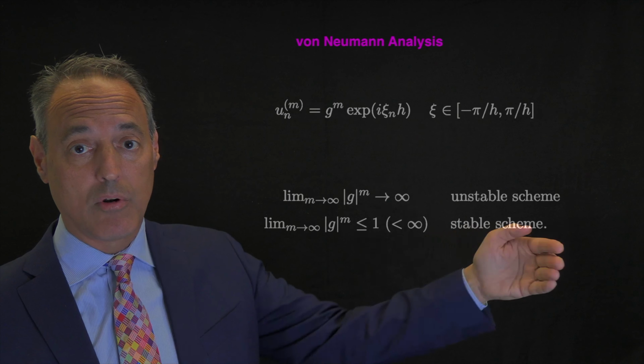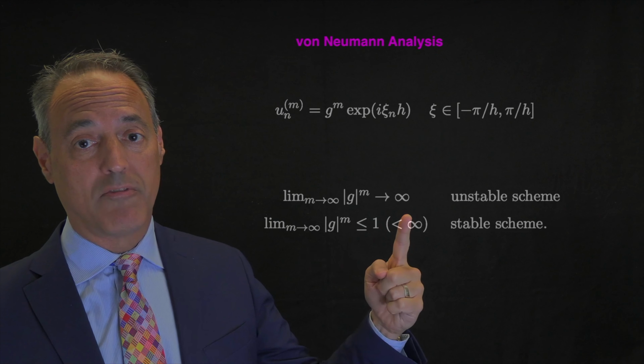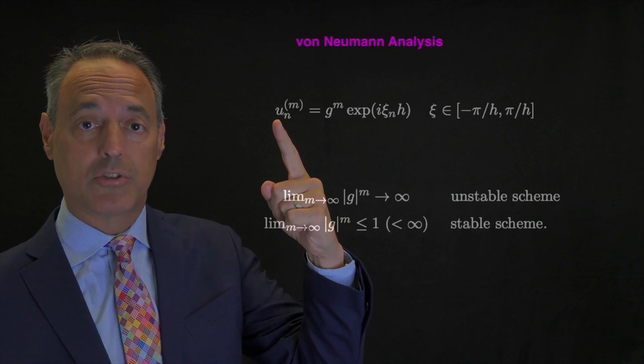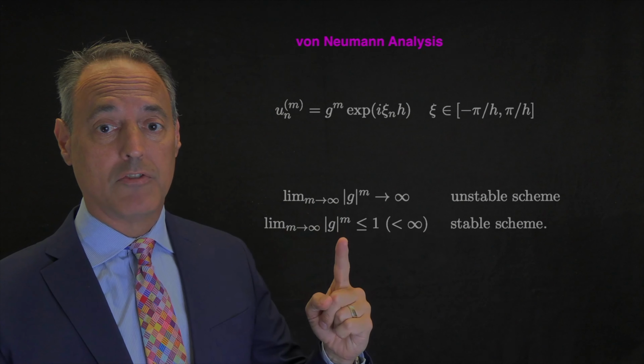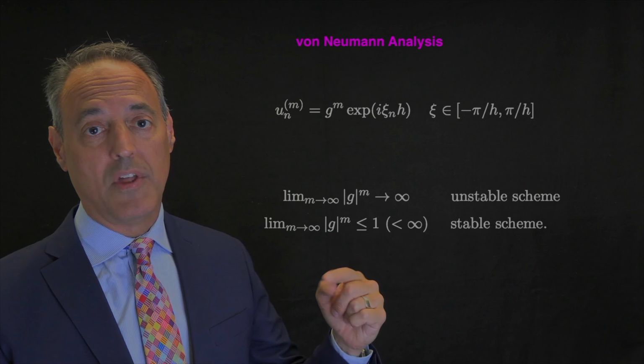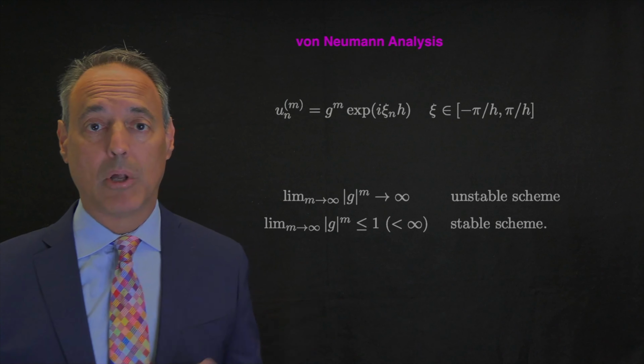As you march forward many, many steps, if the absolute value of g to the nth power goes to infinity, you'd say that's an unstable scheme, because your solution is going to go to infinity. However, if g raised to the nth power is less than or equal to 1, then this will be a stable scheme. In other words, it's not blowing up on you.